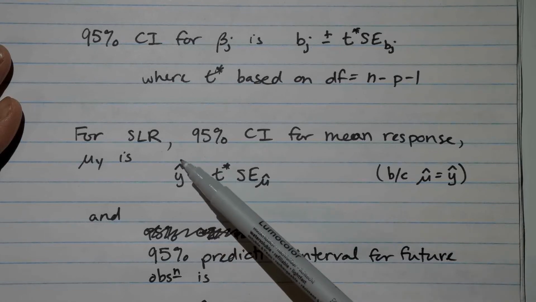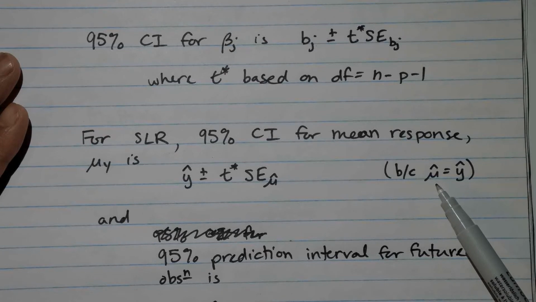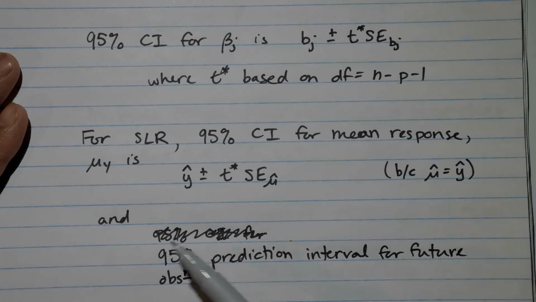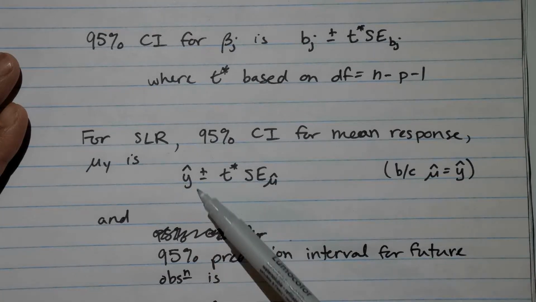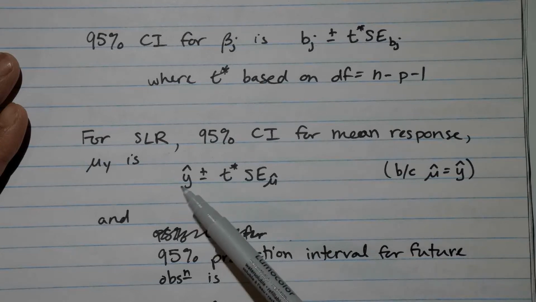And in here, what we note is that the best guess given our model, so the best guess of the mean response, is the predicted value. These two things are equal. So you could think of it as mu hat plus or minus t star standard error, but mu hat is equal to y hat.